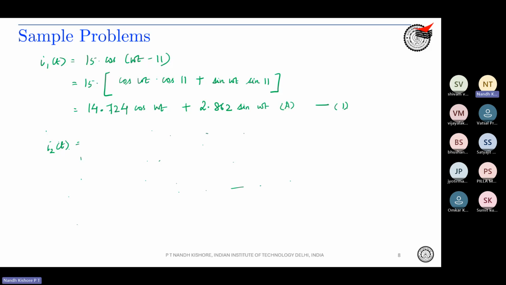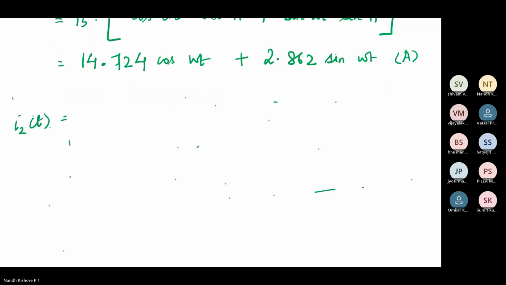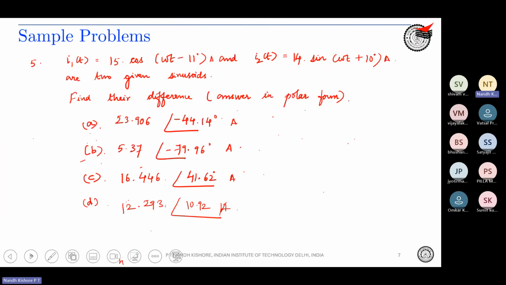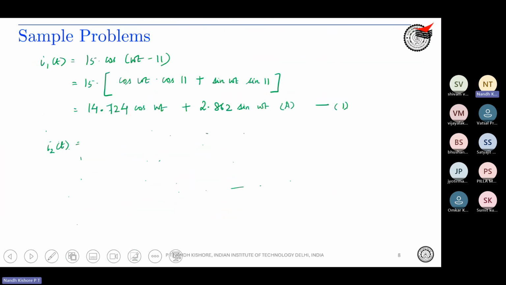So what was I2 of t? I2 of t was 14 sin omega t plus 10, right?